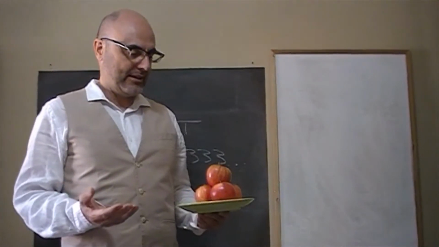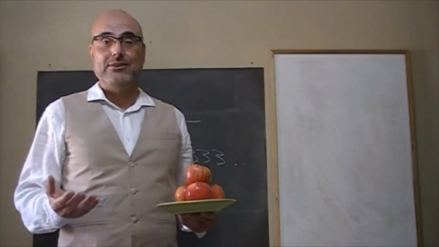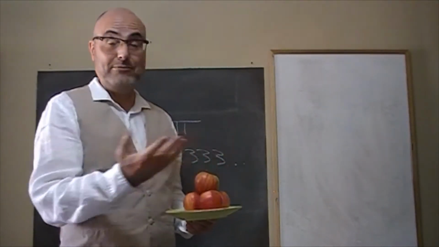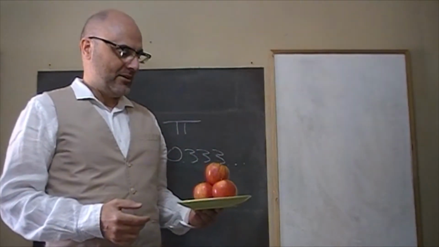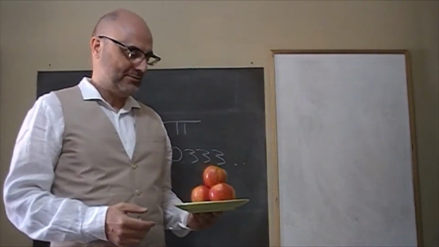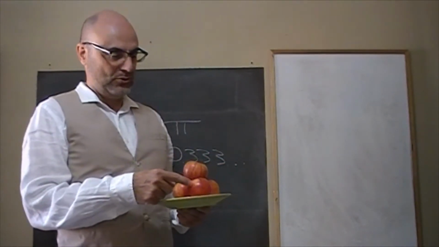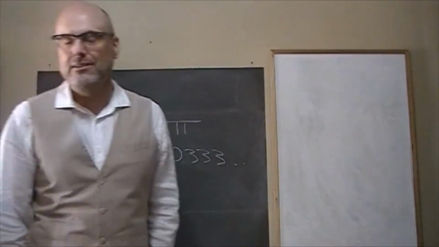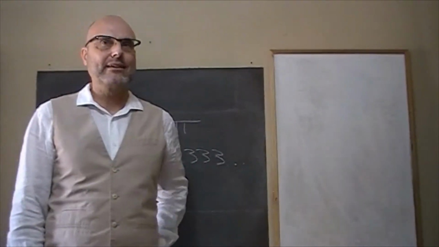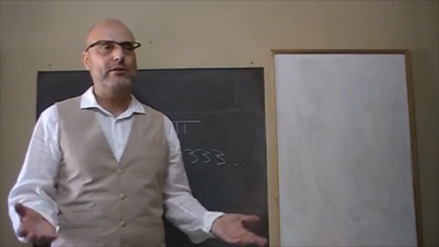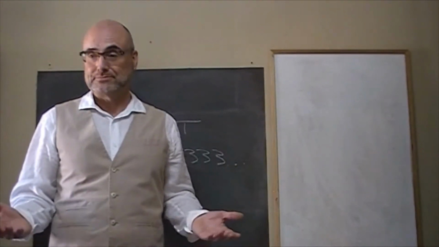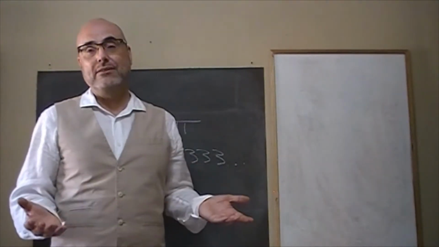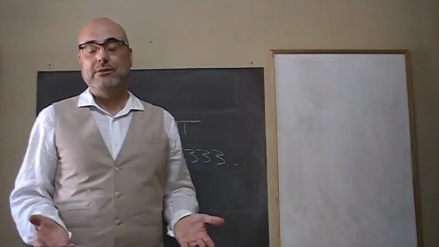I didn't assign more than one number to an apple, or more than one apple to a number, like 1, 2, 2, 3. That wouldn't be counting. This is what we mean when we say counting is establishing a one-to-one correspondence with the natural numbers. If we can establish this one-to-one correspondence, we say objects are countable.